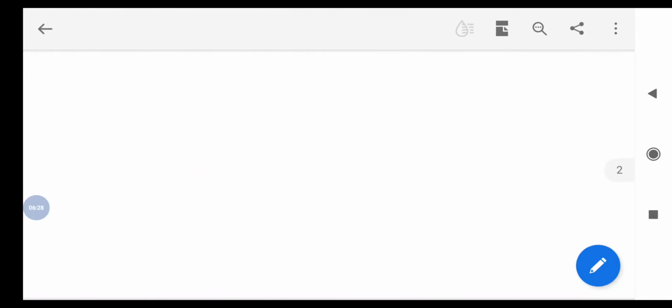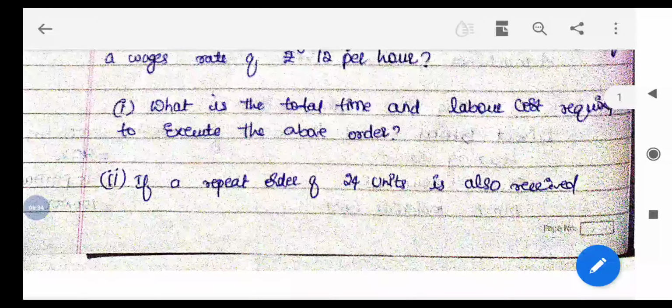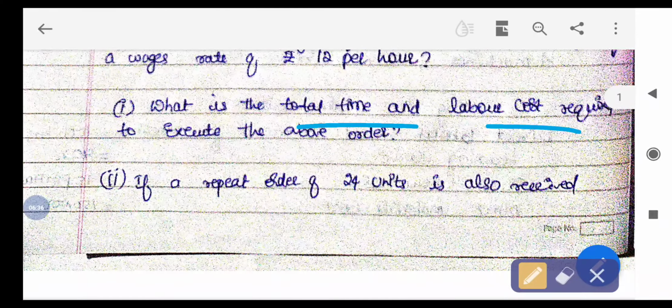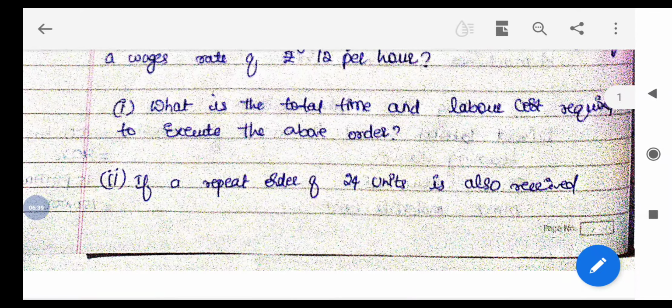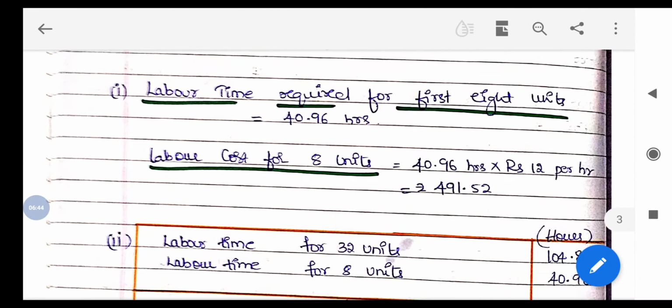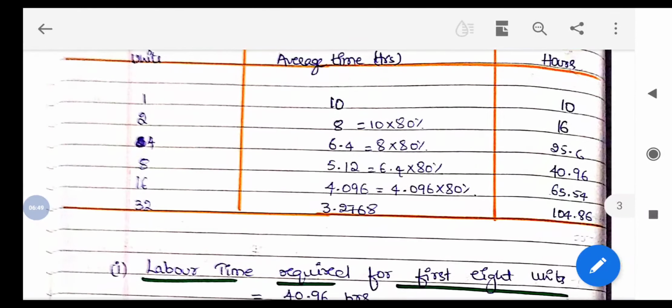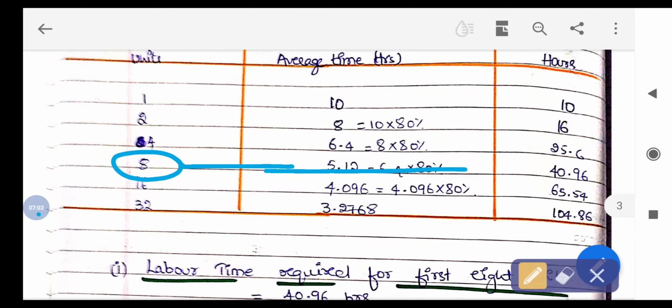What was the question? We have to tell the total time and the labor cost for the above order, which is the manufacturing of 8 units. First, how many hours are needed for 8 units? Looking at the table, for 8 units the total time is 40.96.